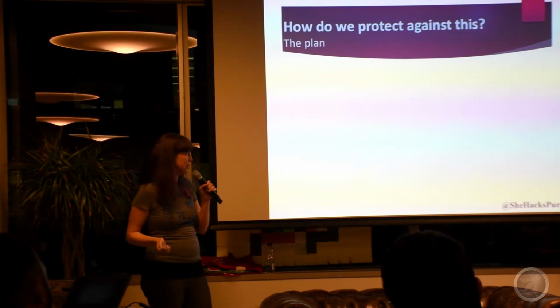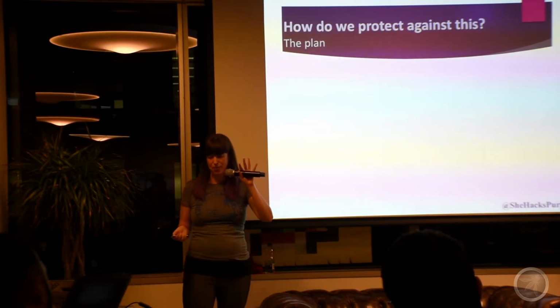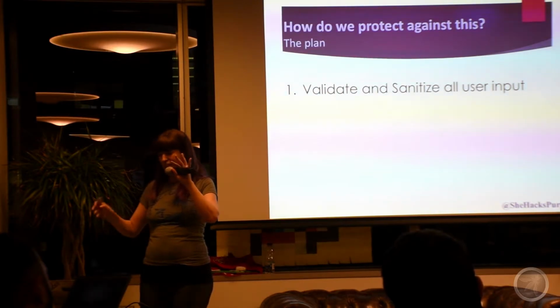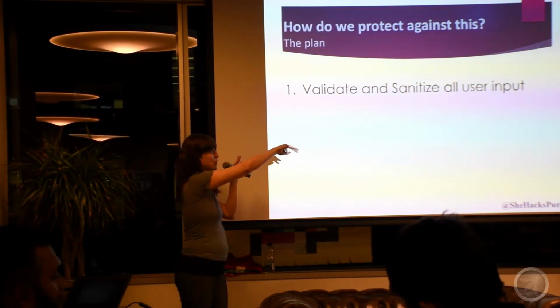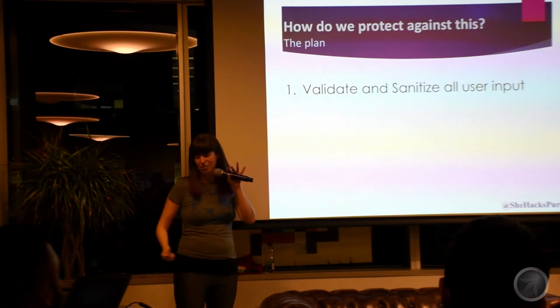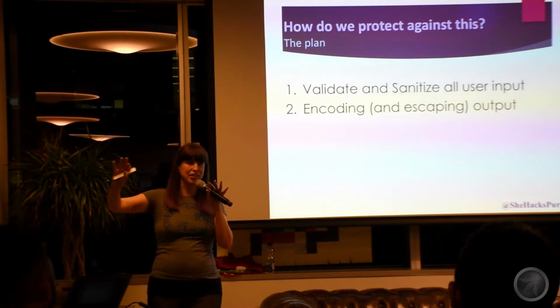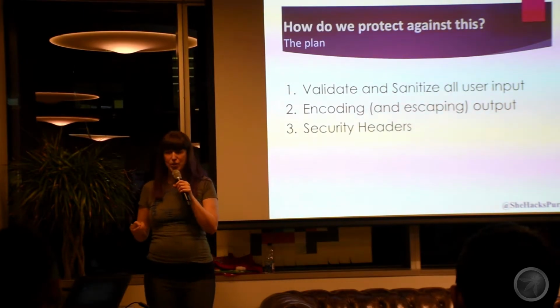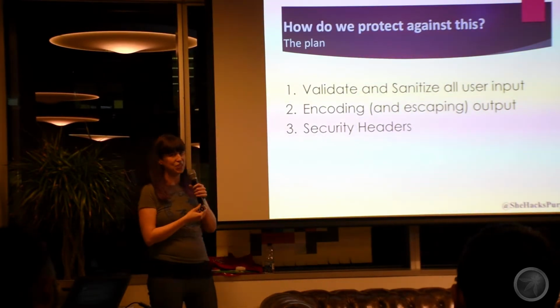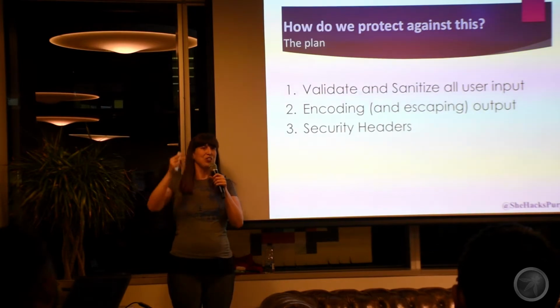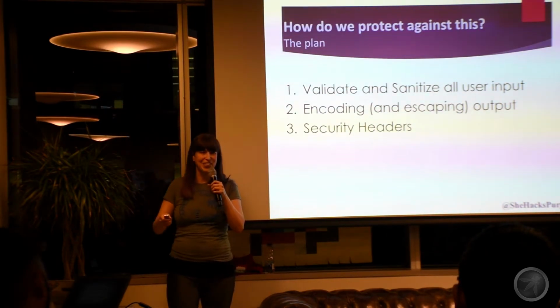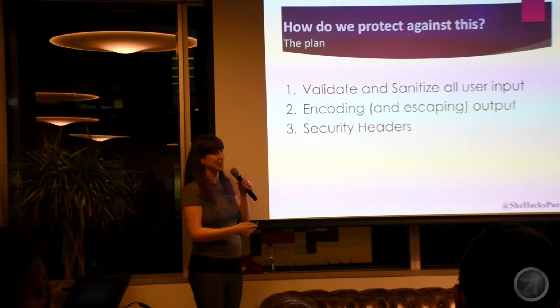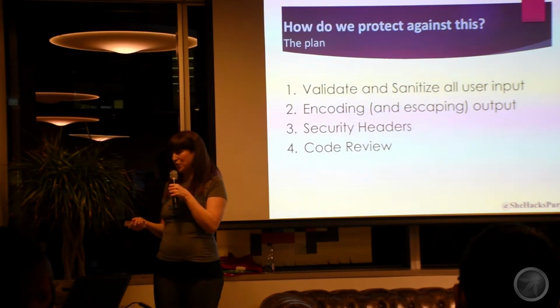Let's get more specific though. Let's make a plan. I have 5 steps for us. 1, validate and sanitize all user input, but really all data. 2, encode and escape if necessary, all output. 3, security headers. I'm just going to show you 3 today, but there are so many more security headers that I would love you to use, but I'm just going to show you 3 that have to do with XSS. 4, code review.